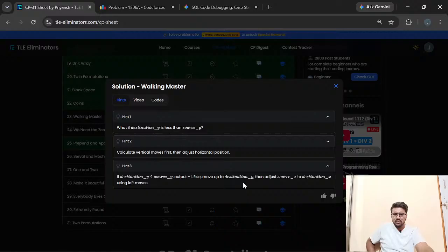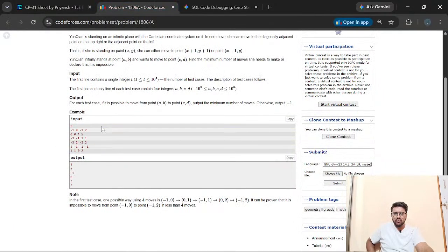First we will take up destination y, and then first 4, then we will calculate x moves. 2, 2 and difference is 1.